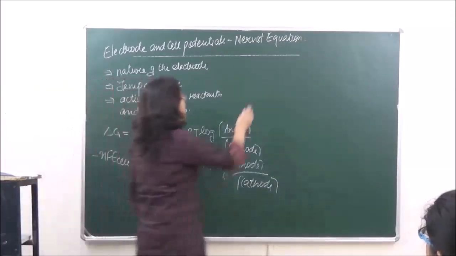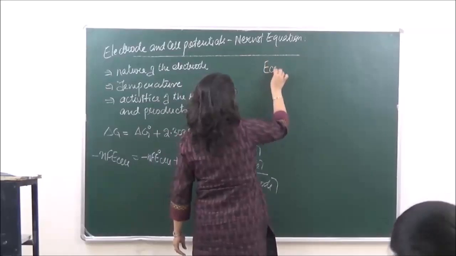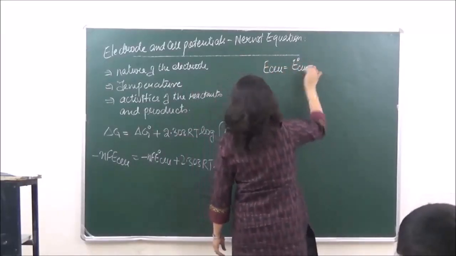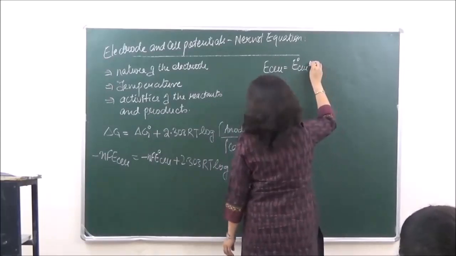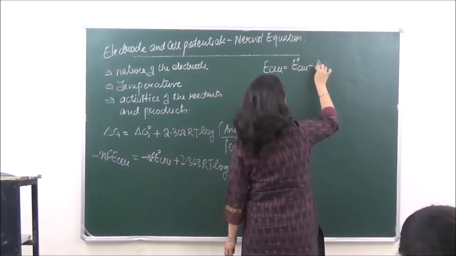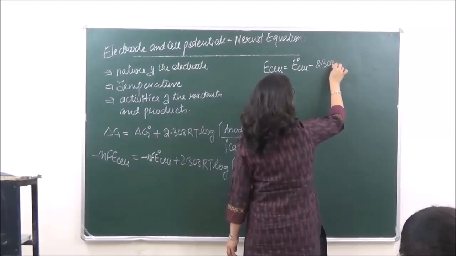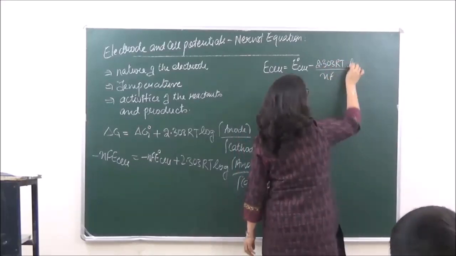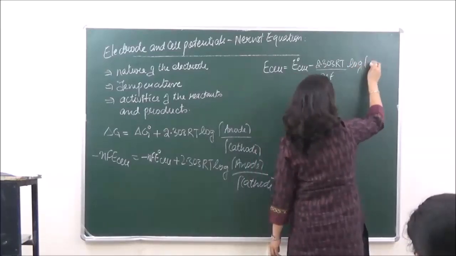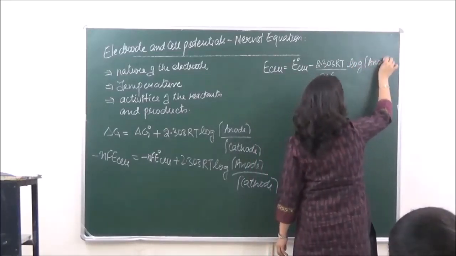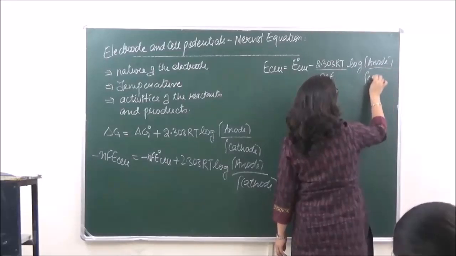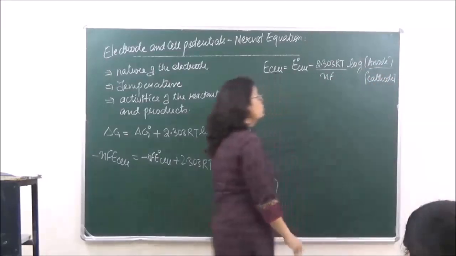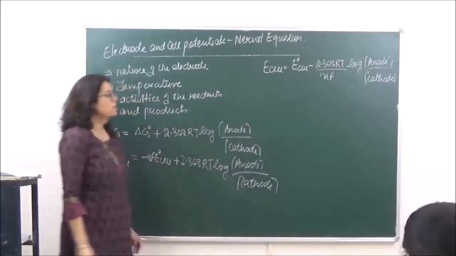Solving this, we should get E cell equal to E naught cell minus 2.303 RT upon NF log of concentration of anode upon concentration of cathode. Right?